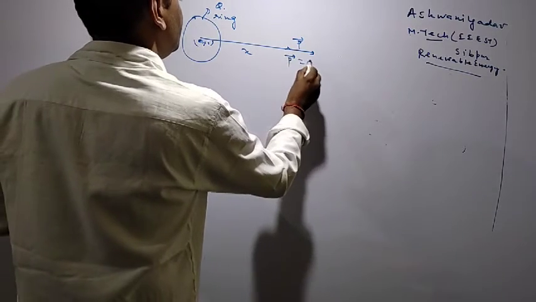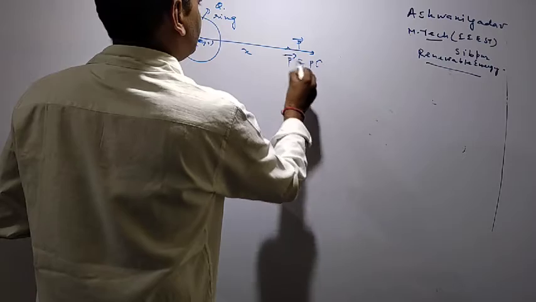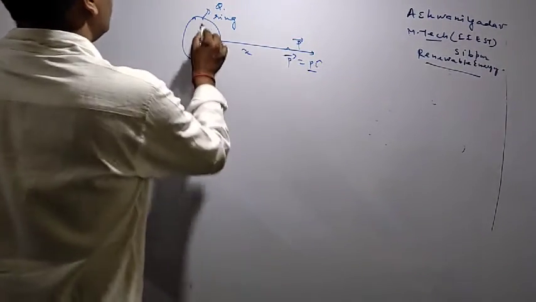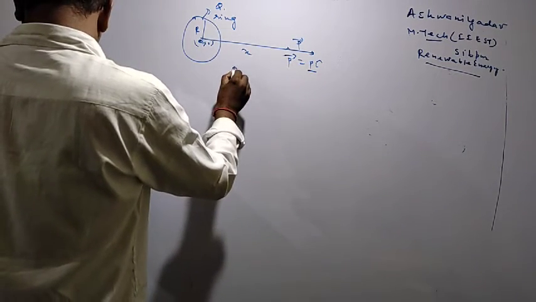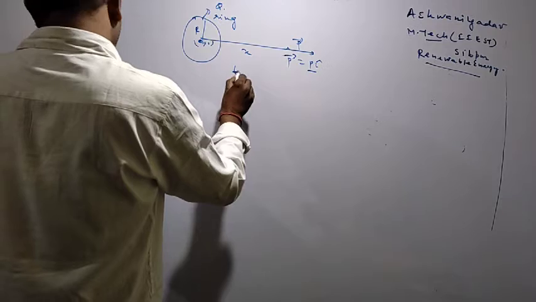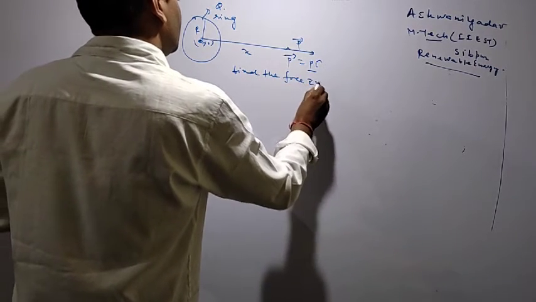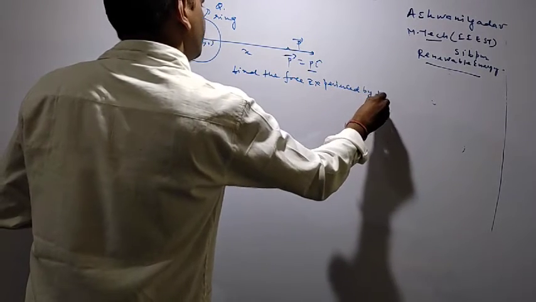This p is nothing but p vector. Then the ring has radius r. Then find the force experienced by the dipole.